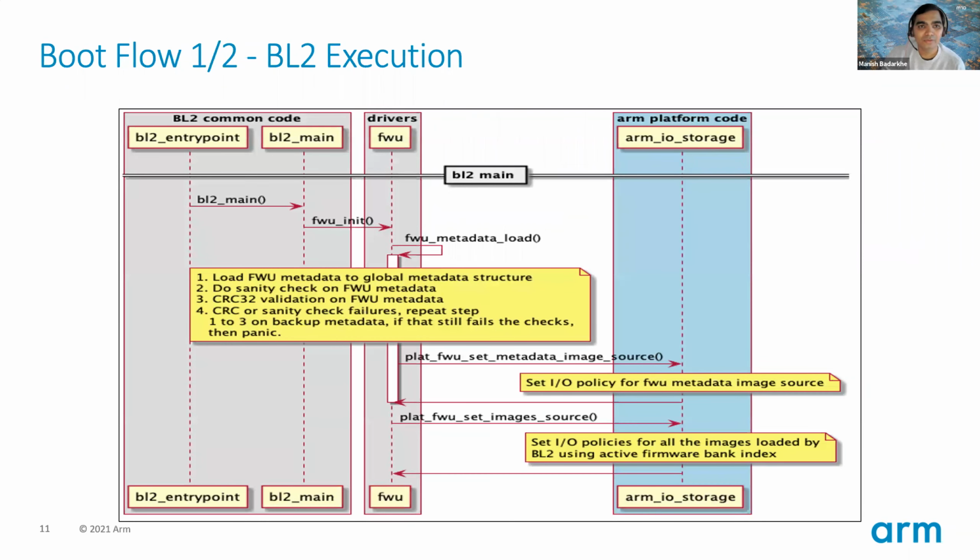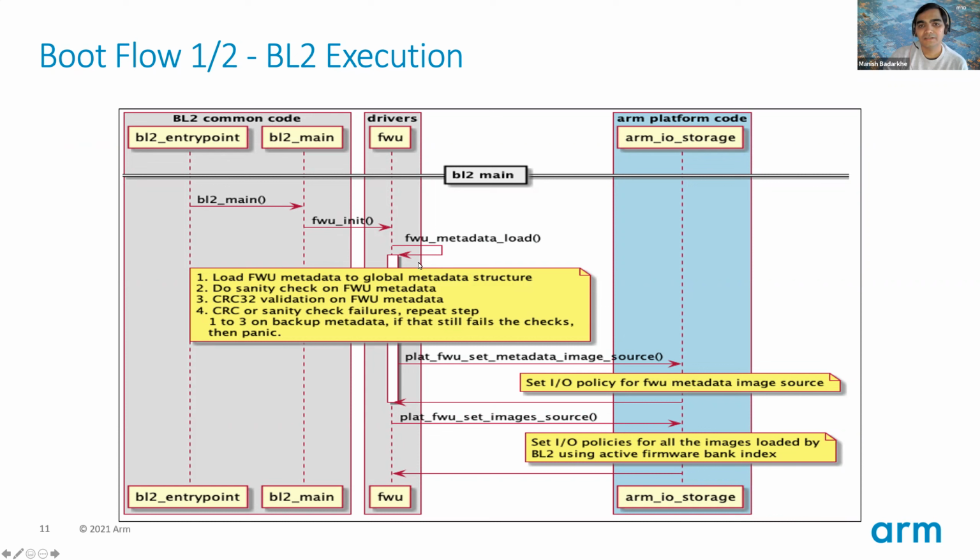So let's look into the whole loop flow I mentioned over here. Once we start at the BL2 entry point, we call BL2 main as usual, and then we call the FW init function, which is present in the FW driver.